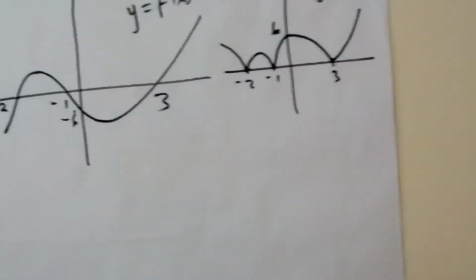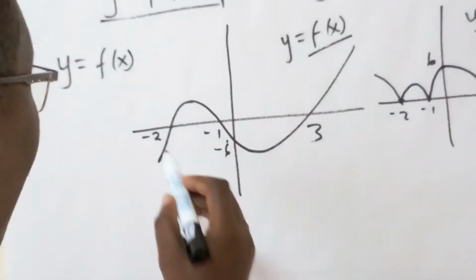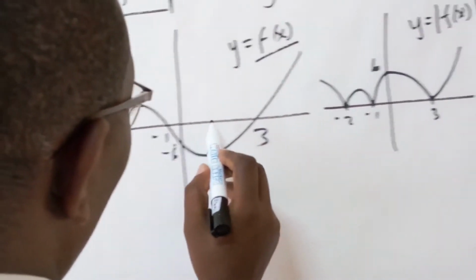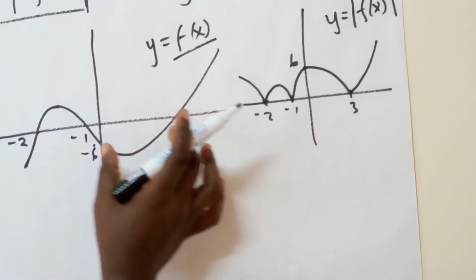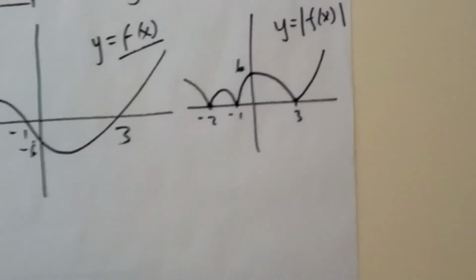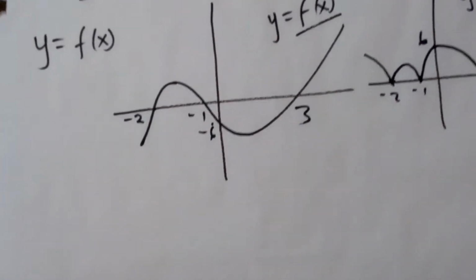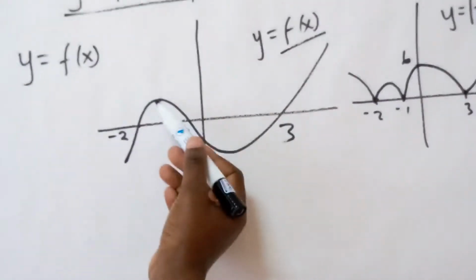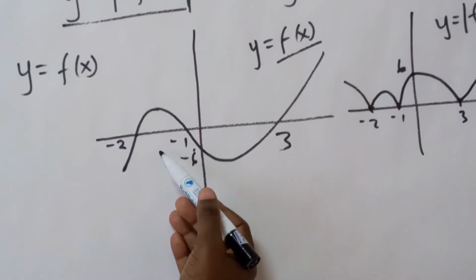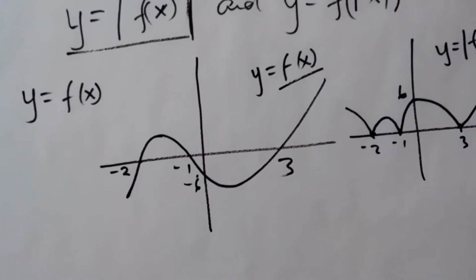What you need to understand is that this graph, which was y equals f of x, has been reflected along the line y equals 0, or the x-axis. When we say reflected, it is possible that the upper part is supposed to appear on the lower part, so the word reflection is not the best to use.